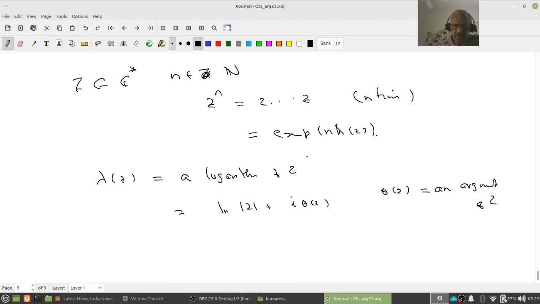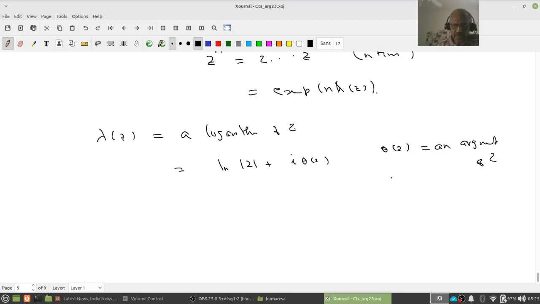Right? Therefore that plus, if you want, plus 2n pi. Are you following? Sure? Okay. So let us fix one, let us say fix t. The other one will be ln of mod z plus i times t plus 2n pi. Right? Therefore, what is z power n according to our definition?